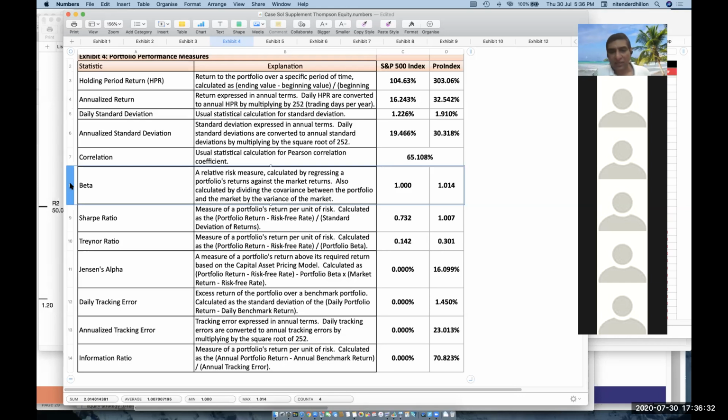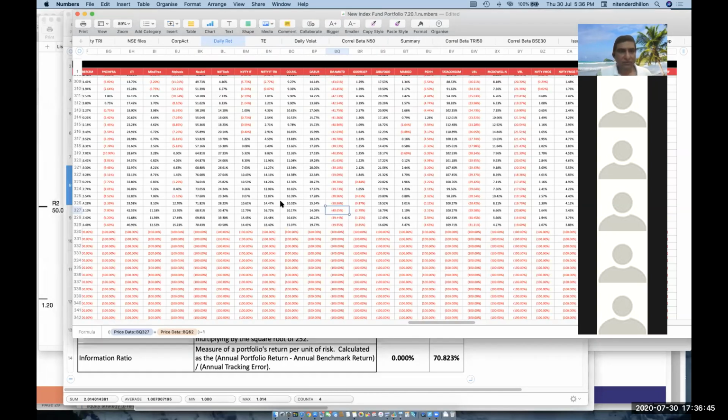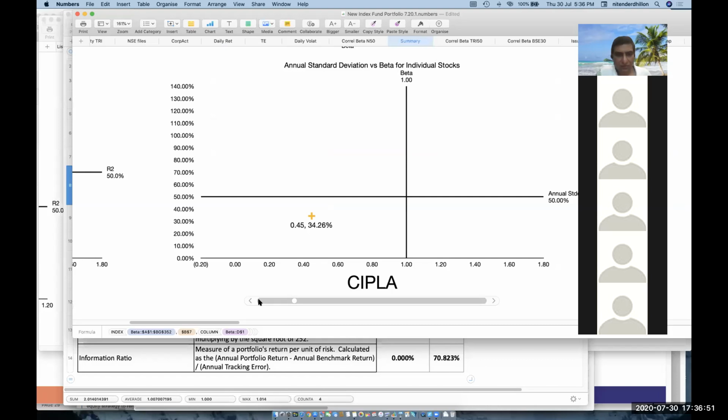Aggressive, with higher beta, would be your banking and financial services largely. And you're talking about metals or something. Adani is, let's say, close to 1 beta.